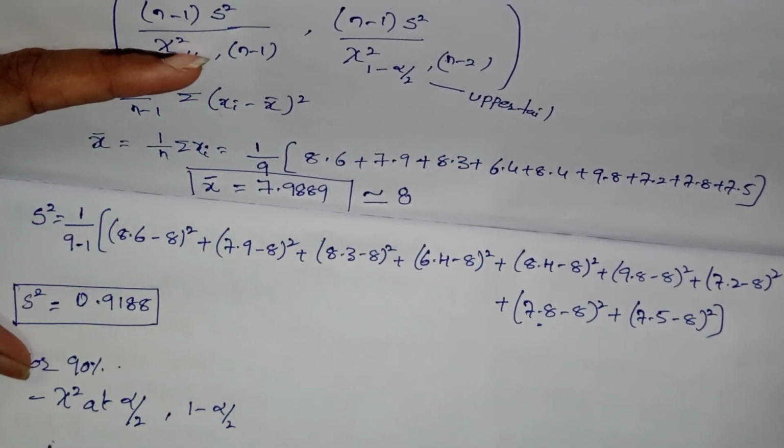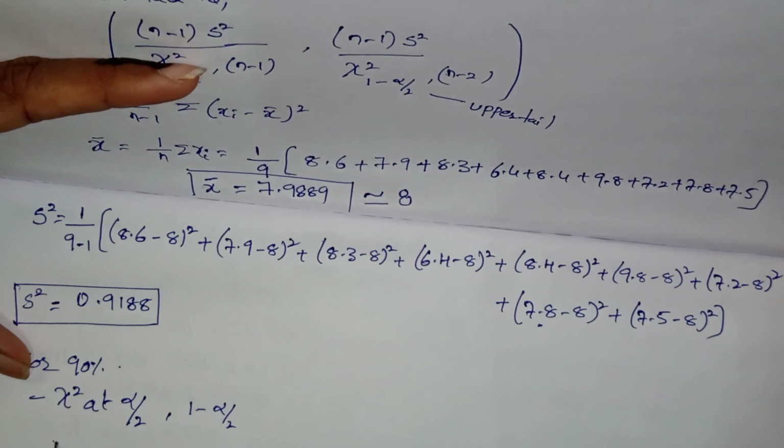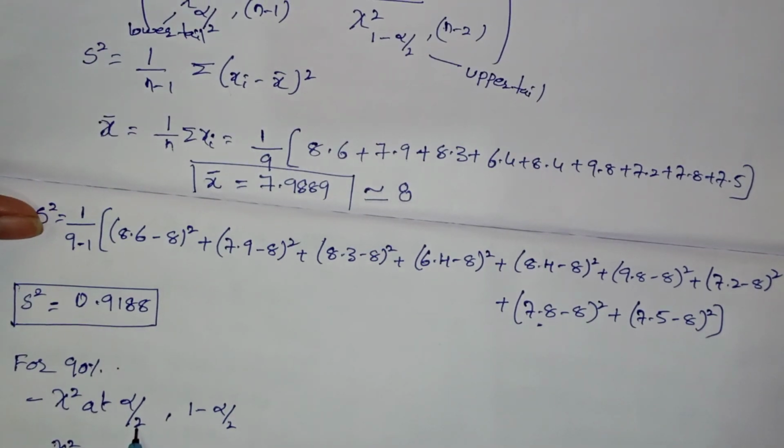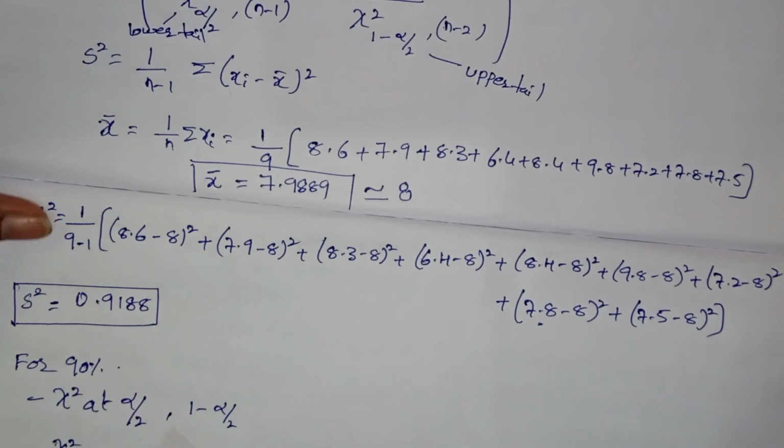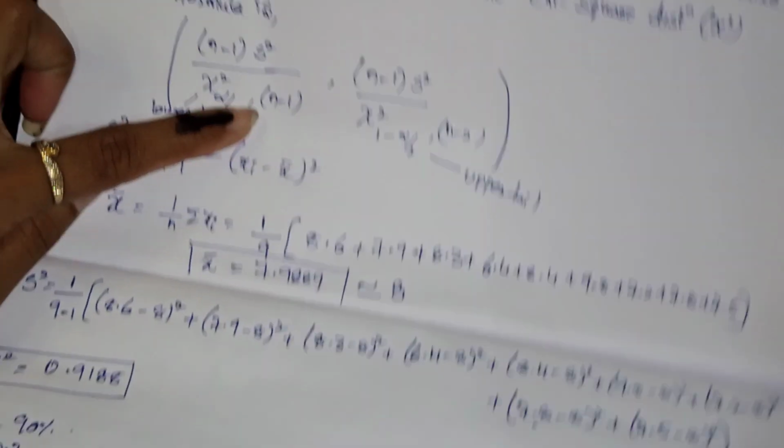Okay, so chi square alpha by 2 means what? Here we get 0.05, comma n minus 1 degrees of freedom.